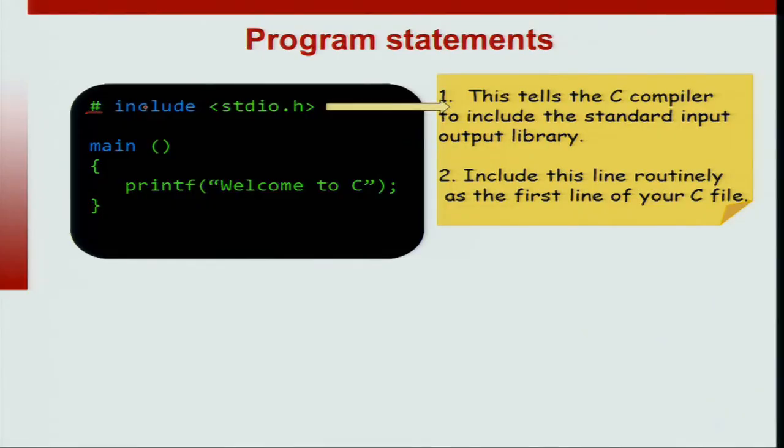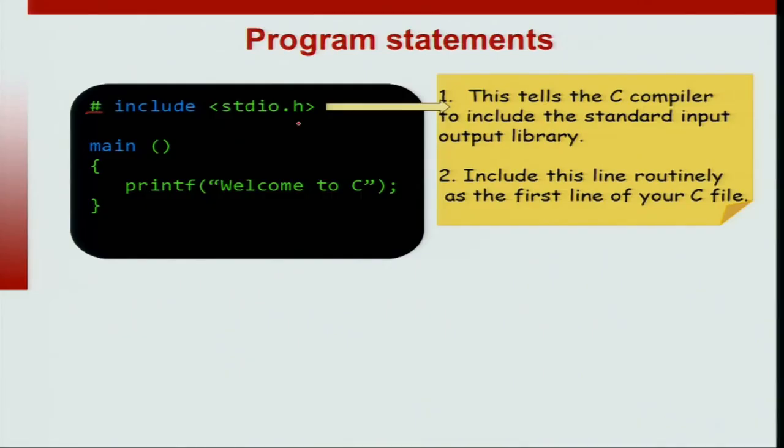This line is supposed to tell C to include the standard input-output library. The standard input-output library has the print routines, which will print output messages onto the terminal. So if you want to have any input-output component in your program, then you should include stdio.h.